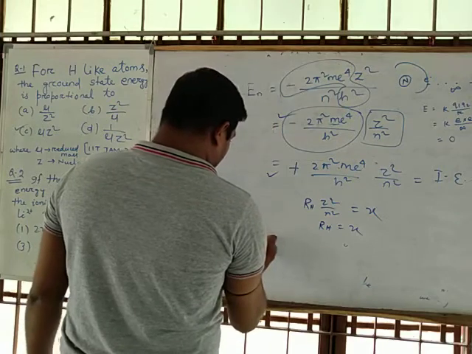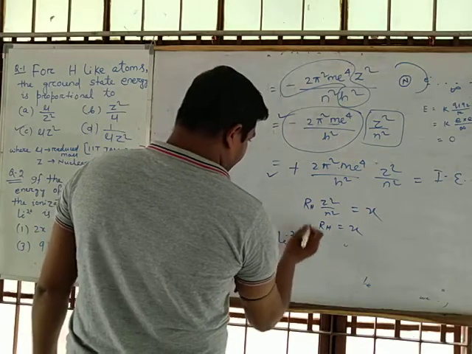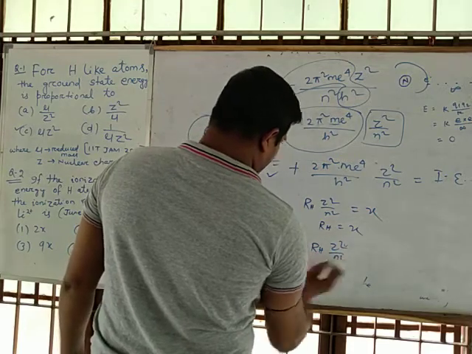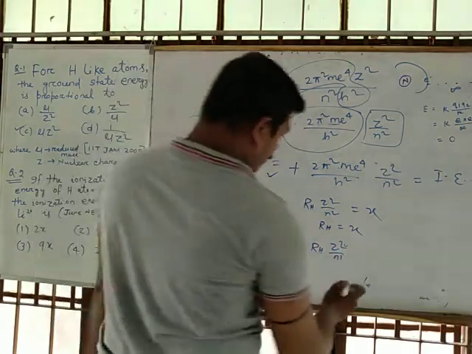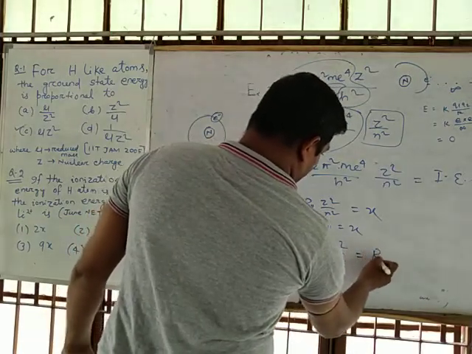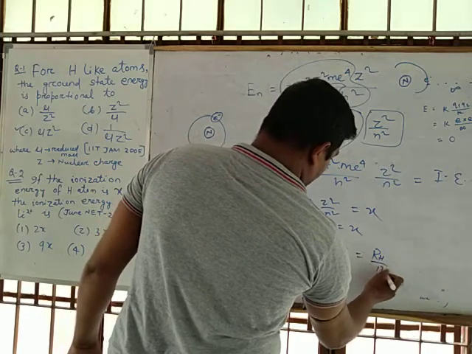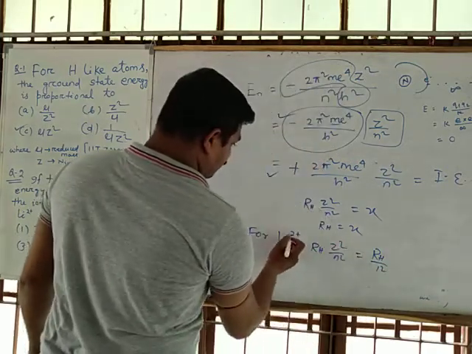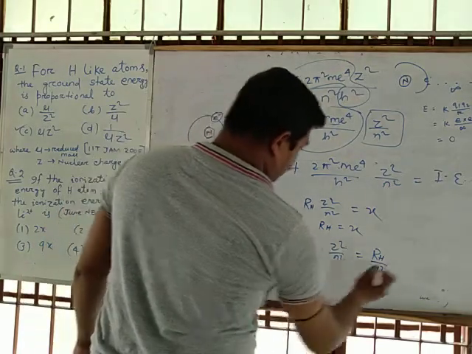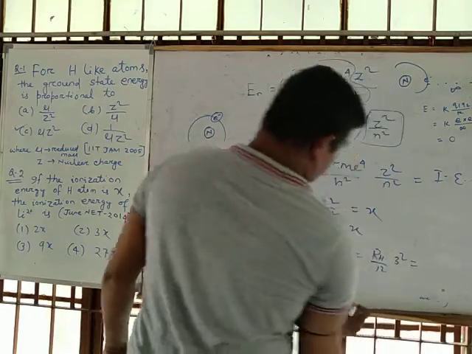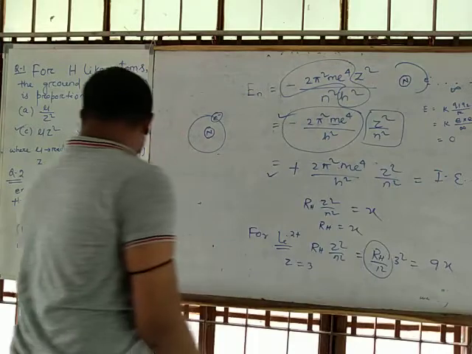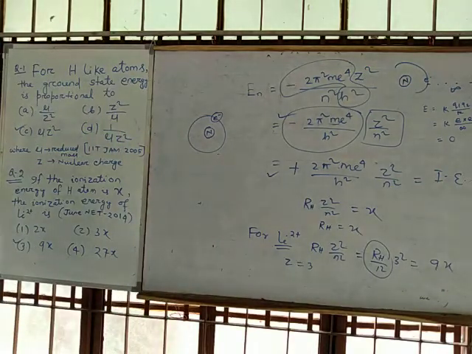For Li 2 plus, the value is R H Z square by n square. Here n is not given, so n equal to 1. So R H times, for lithium 2 plus, which is a monoelectronic species, Z equal to 3, that is 3 square. This value is x, so 9x. Okay, so this option is correct.